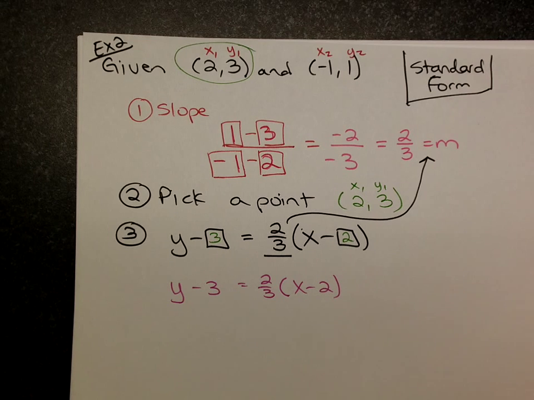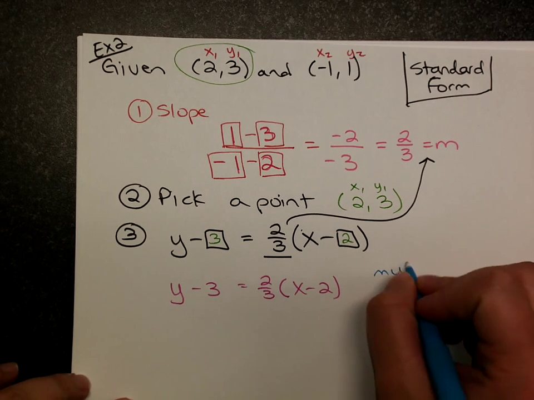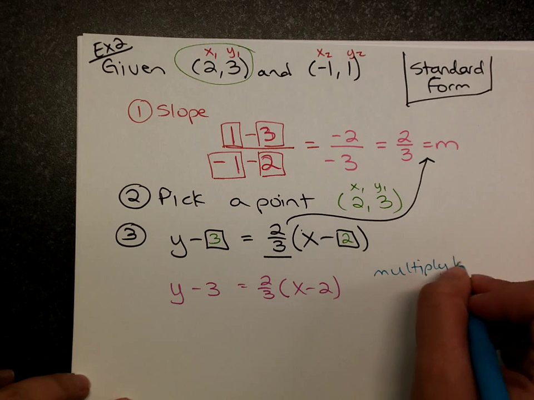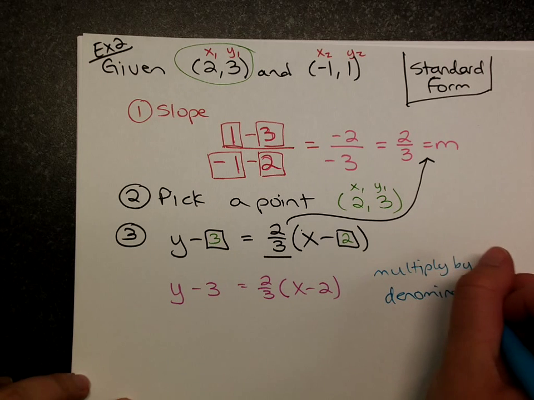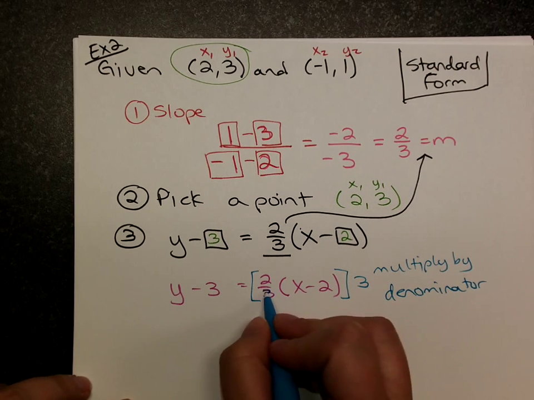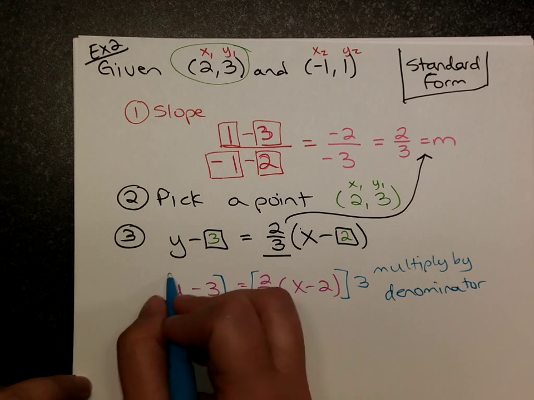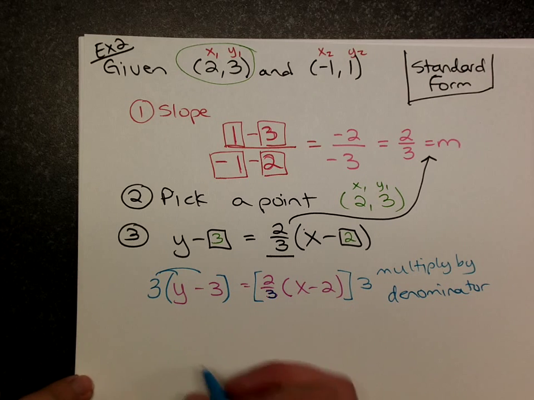I don't like that fraction. I don't want to deal with that fraction. So what I'm going to do is again multiply by the denominator. So I'm going to multiply both sides by 3. I chose 3 because 3 is that denominator. The left-hand side actually changes. The right-hand side's not going to look very different.